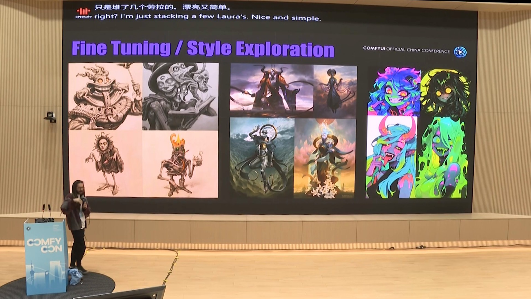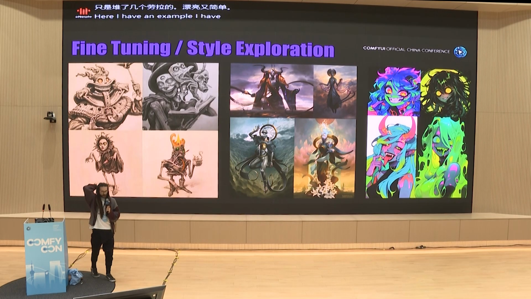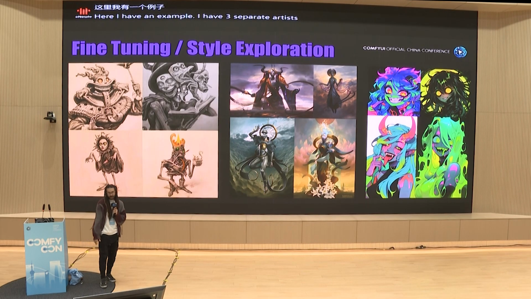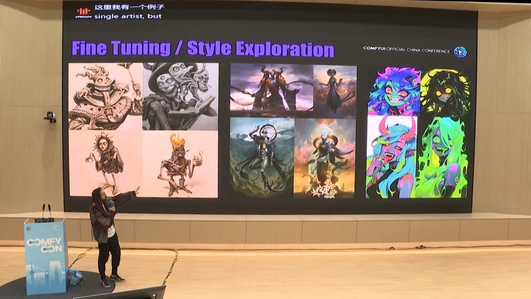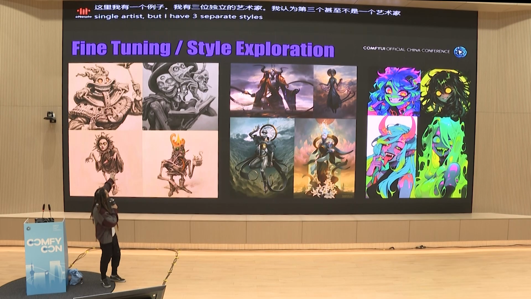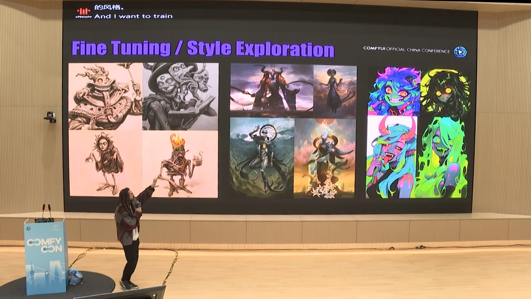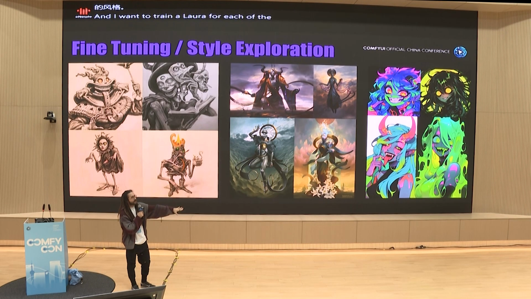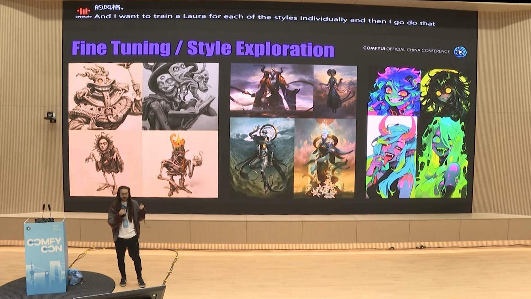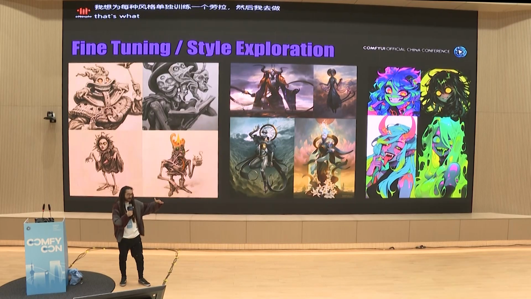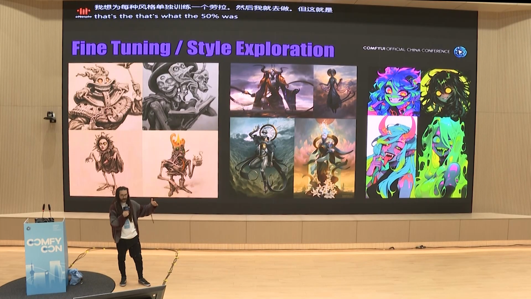Well, here I have an example. I have 3 separate artists. I think the third one isn't really even a single artist, but I have 3 separate styles. And I want to train a LoRA for each of the styles individually. And then I go do that. But that's what the 50% was that I was just mentioning.